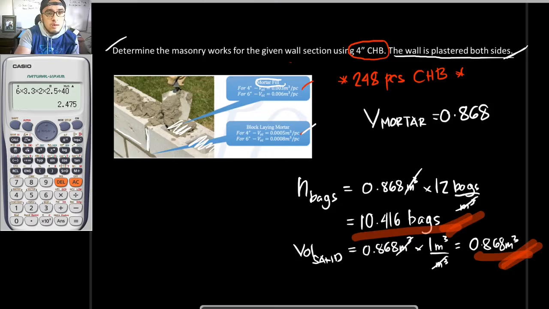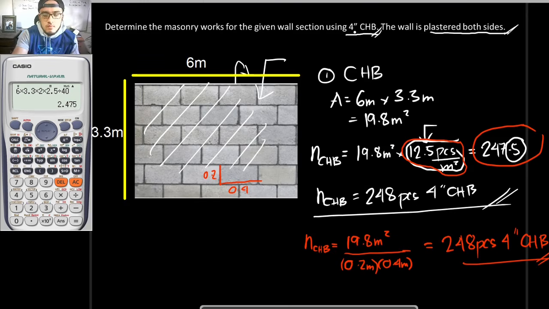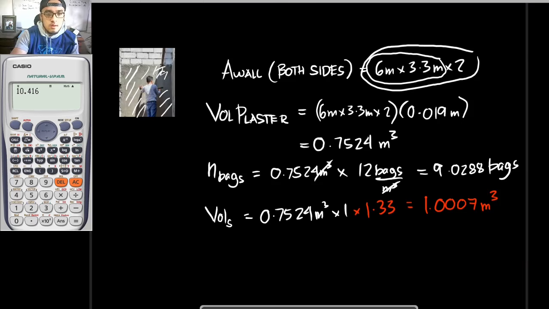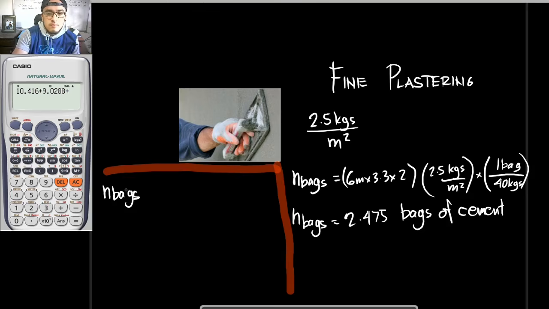that would be 10.416 plus 9.0288 plus 2.475.